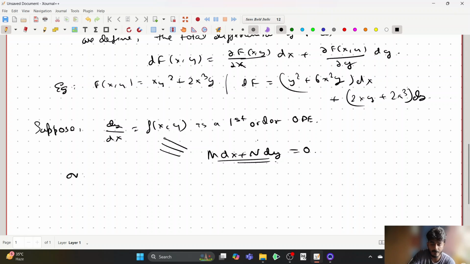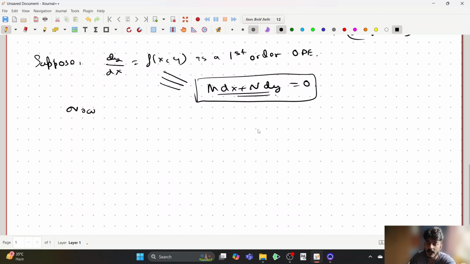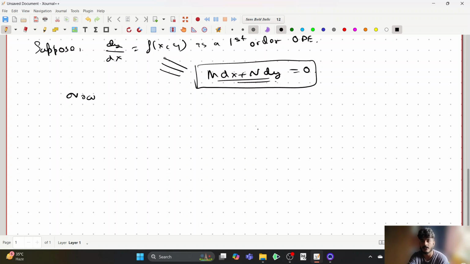Now, you need to keep this in mind, because we are going to define the notion of a first order ordinary differential equation being exact in terms of such an equation.